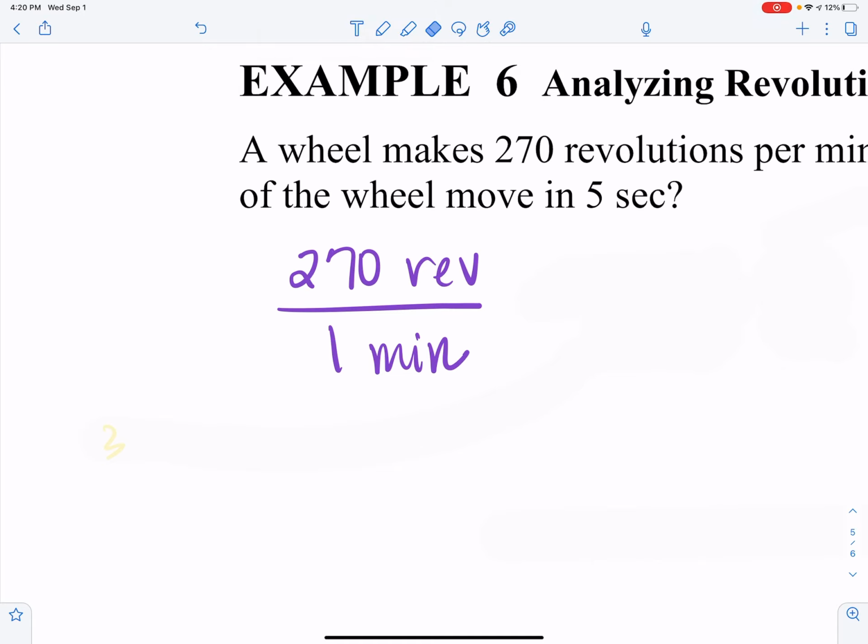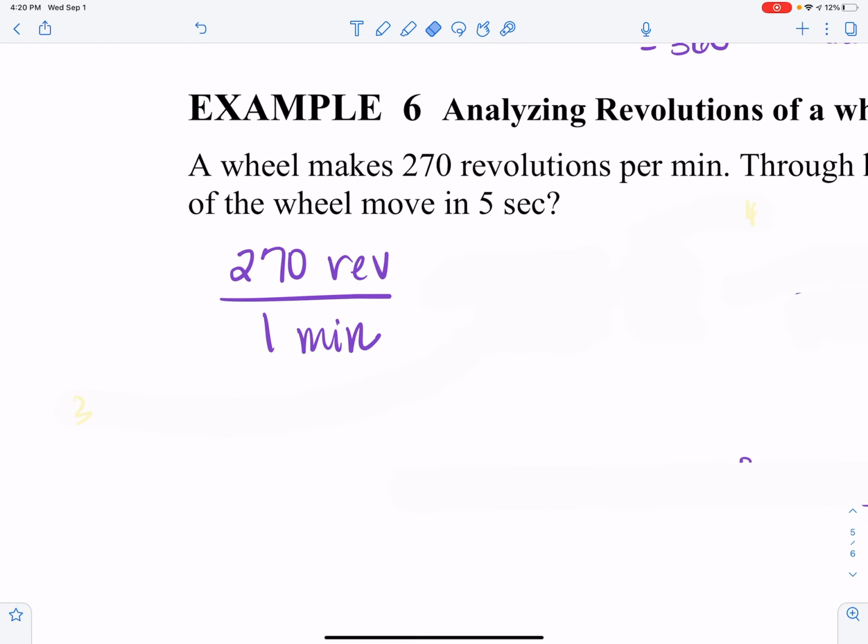Then I said, I don't want to be talking about minutes, I want to be talking about seconds. So I left the numerator alone, but in the denominator, instead of 1 minute, I wrote its equivalent, which is 60 seconds. Now, I don't want to be working with 60 seconds, I want to be working with 5 seconds.